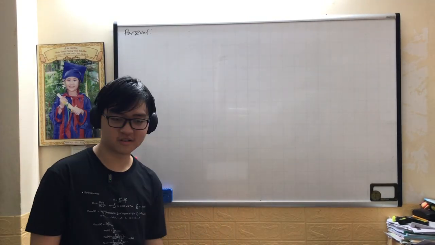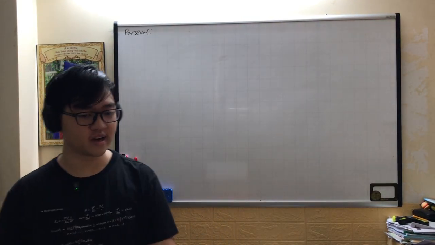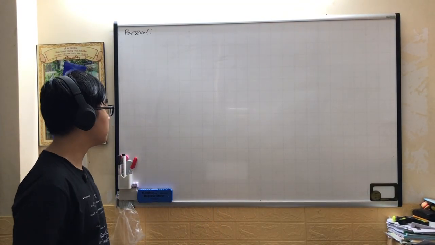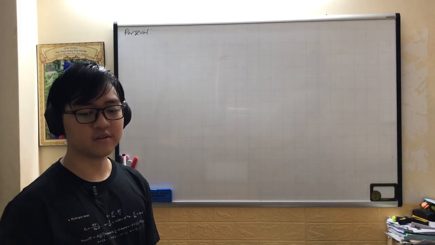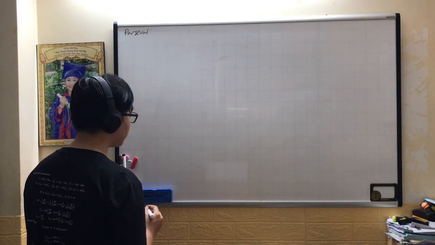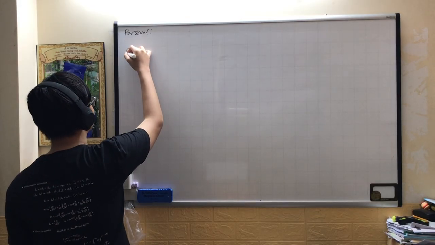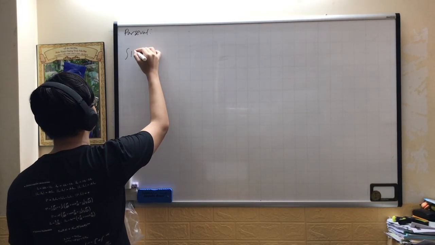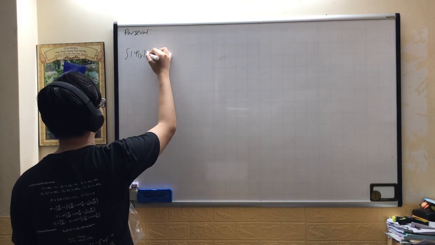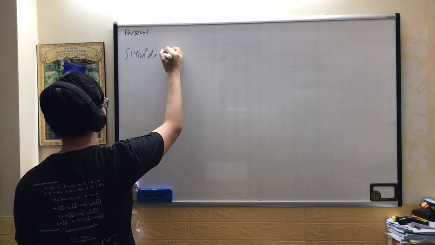Today we're gonna talk about the Parseval identity and Parseval theorem. So let's start with the probability density, which is psi of x squared dx.